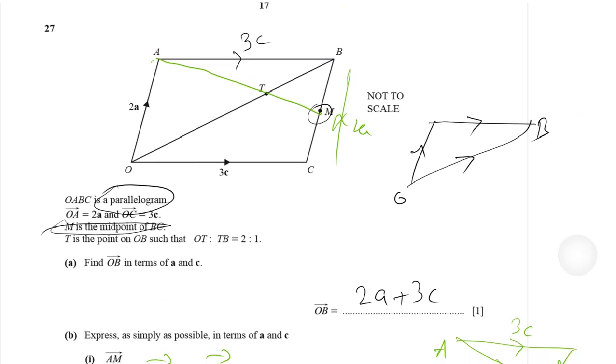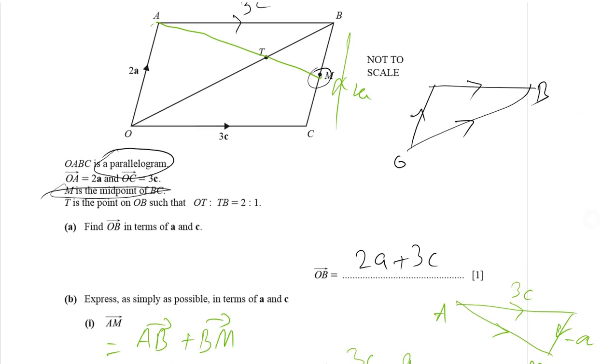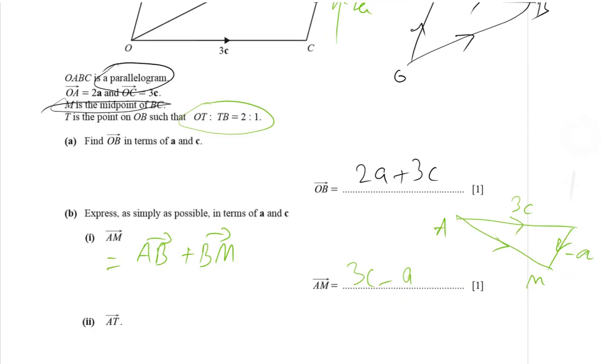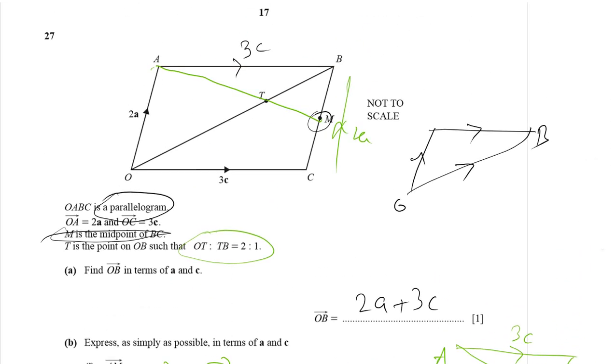AT. For T, they have given us this information: OT and TB is ratio 2 to 1. So OT is 2 parts, TB is 1 part, total would be 3 parts. So you need to find AT.